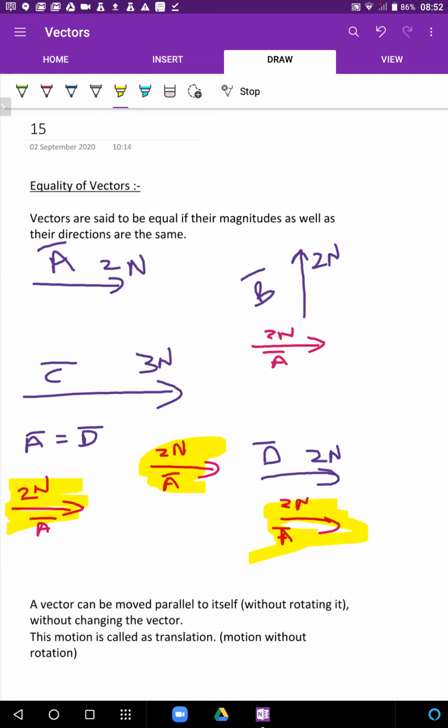It is still apparently the same vector. Why? Because all that needs to be the same is the fact that they have the same magnitude and the same direction. As long as that is the same, I can really move my vector around and it's still going to be the same vector.